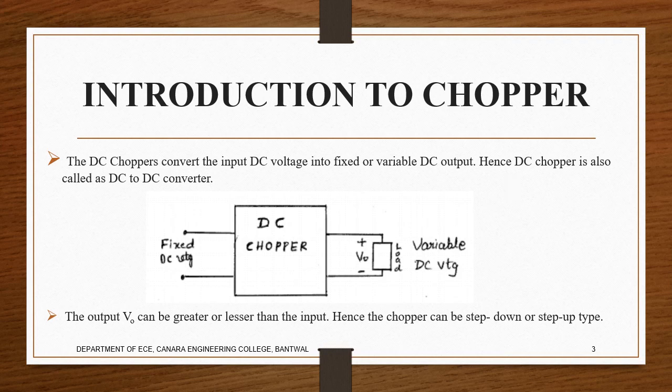So what is the problem here in DC? We cannot say that it has a proper on and off application here. If this is the DC voltage, because this is the fixed DC voltage, how can we vary it here? We can vary it with the help of duty cycles.